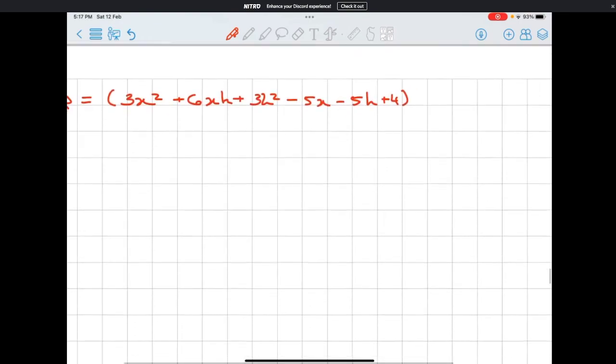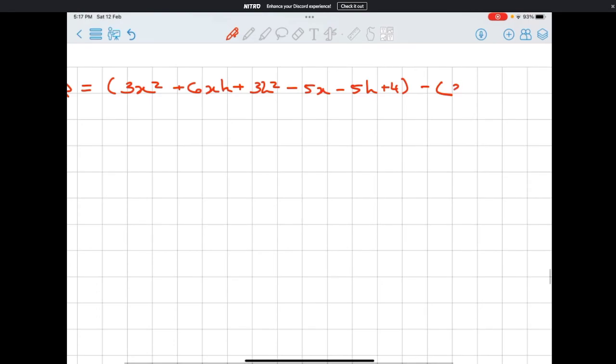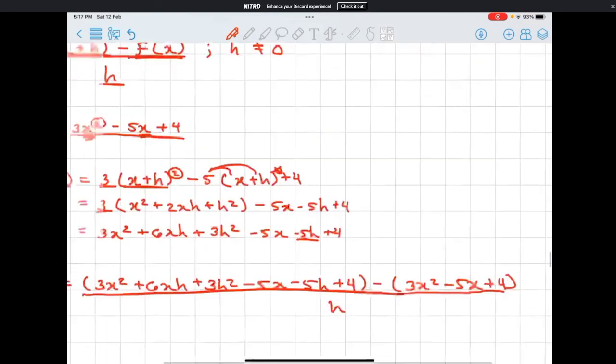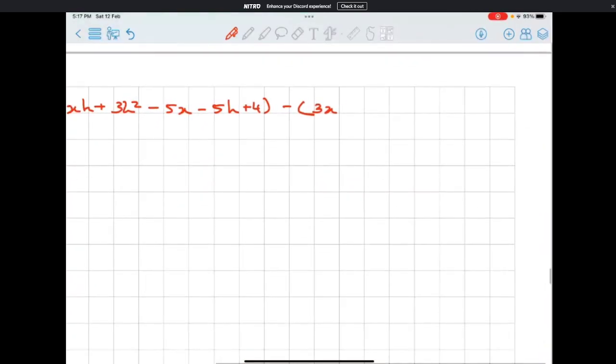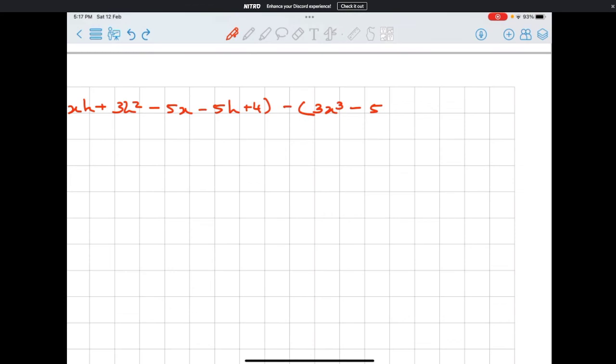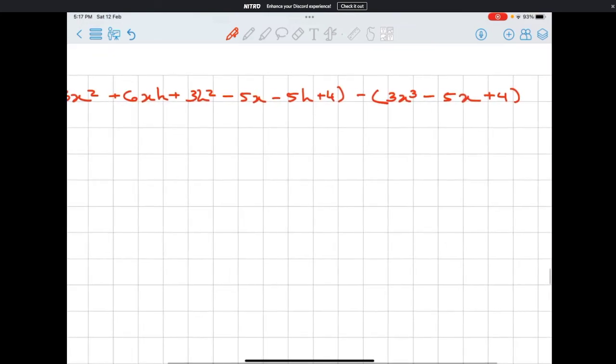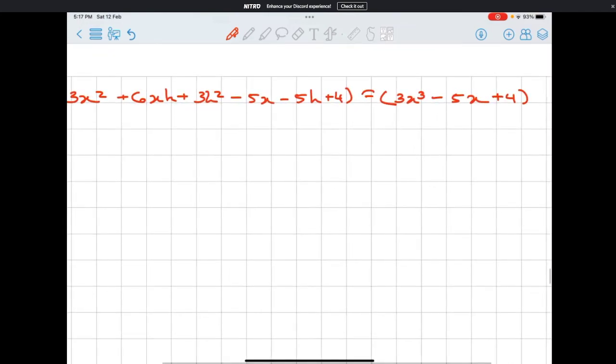Okay, minus the original equation, 3x squared minus 5x plus 4. Okay, so what you want to do now is distribute this into this set of parentheses. It is really important that you put them both in parentheses, especially because you have a subtraction sign here.